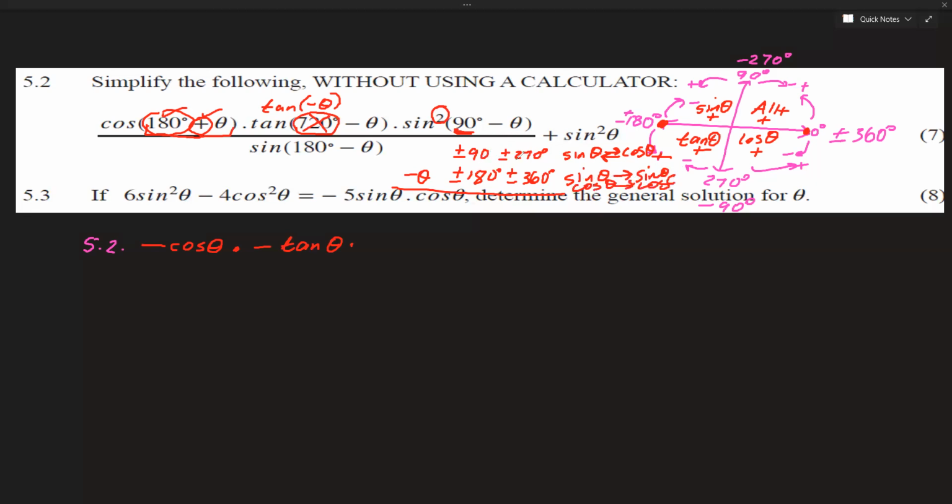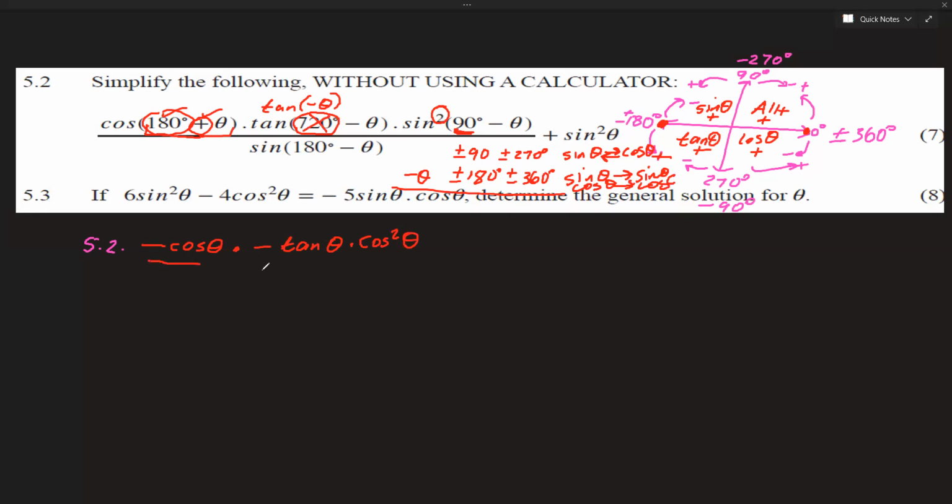So remember, if you have 90 or 270, sine switches to cos. If you have 180 or 360, it remains the same. So in this case, because of the square, I'm not looking at the Cartesian plane. Because of 90, the sine changes to cos. So I'm going to have cos squared theta there.